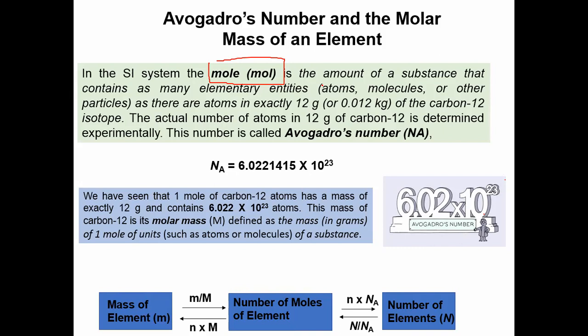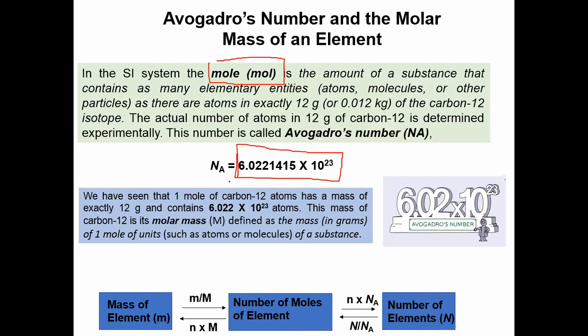And it was found out that 12 grams of carbon 12 contains a particular amount of carbon atoms. And that particular amount of carbon atoms is the same as 6.022 times 10 to the power 23.